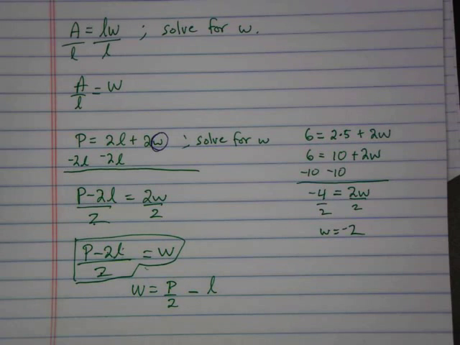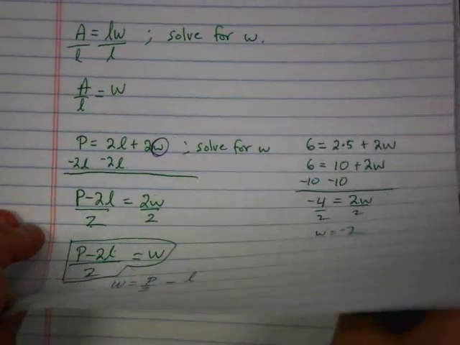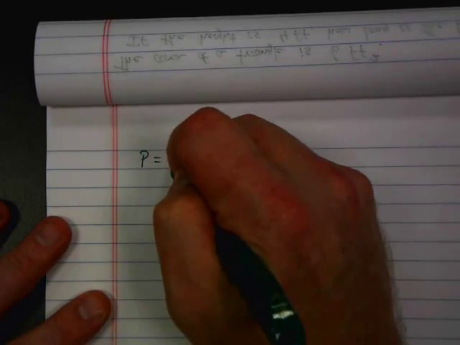So there could be a problem if we decided to do minus 2W. Like up top, if you did the minus 2L, could I do minus 2W and then do P minus 2W?